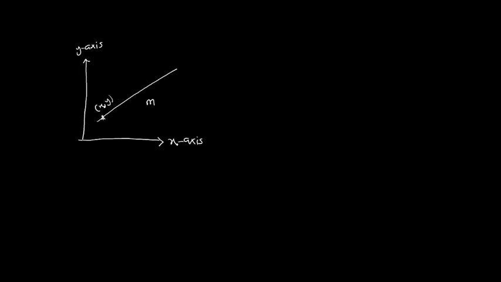How do I find the equation of this particular straight line? Now there are two ways you can do that. You can first of all use the equation of a straight line formula, which is y is equal to mx plus c. This is the equation of a straight line. So from here, all you do is substitute the values of x and y into this equation to find the c, which is the constant.